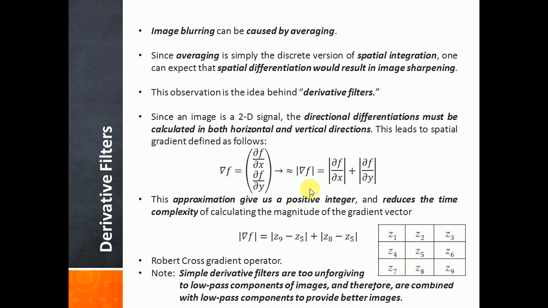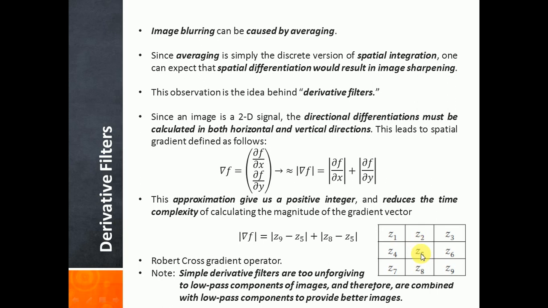In some sense, a derivative would look more like a difference. So this is a Roberts cross gradient operator, or a Roberts cross gradient approximation of a derivative filter, where this is your central pixel. So it's Z9 minus Z5 and Z8 minus Z6.